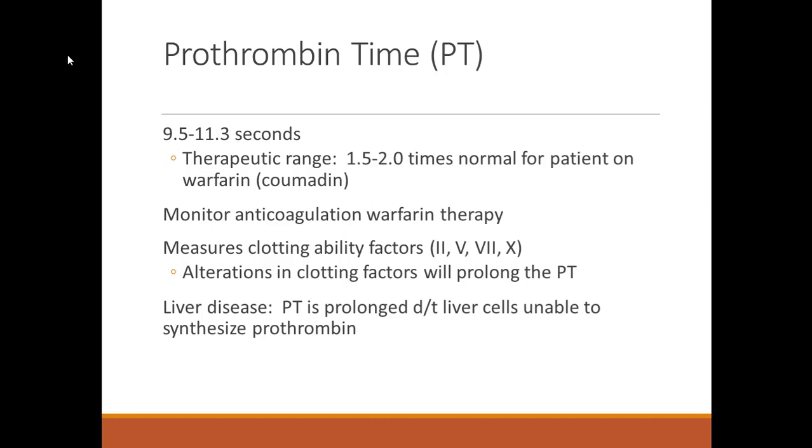Now, if they don't have anything that we want their blood to be thinner for, then we don't want it 2 times the normal. Just kind of depends on what they have going. We also might see an elevated or prolonged PT when somebody has liver disease or issues with their liver because it's not able to make that prothrombin.